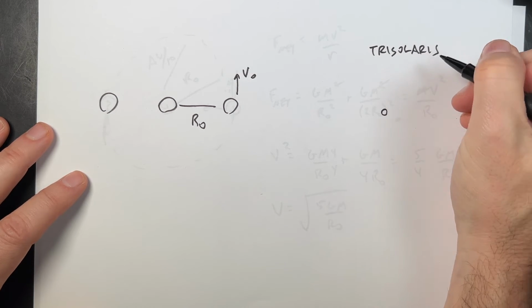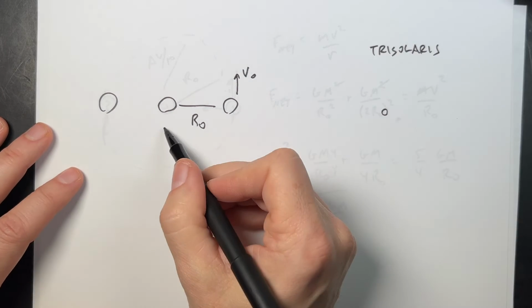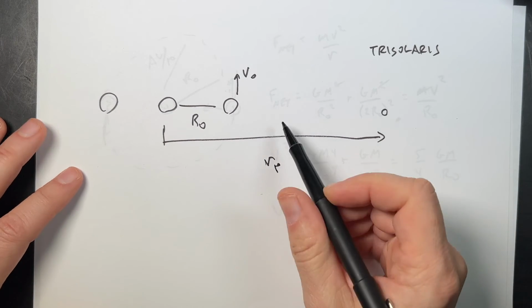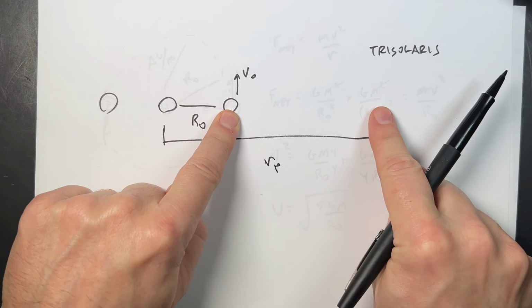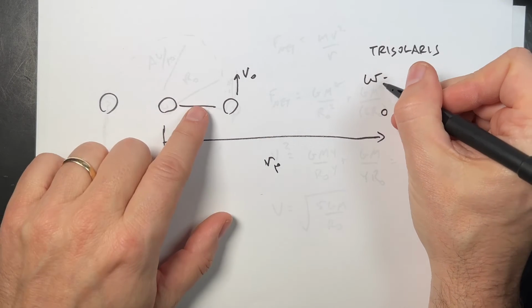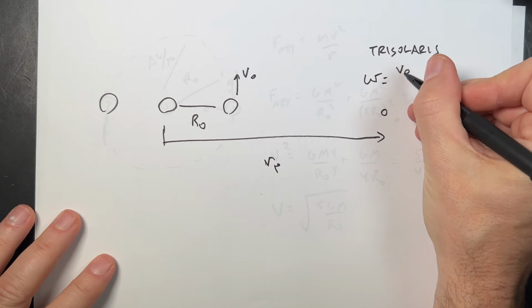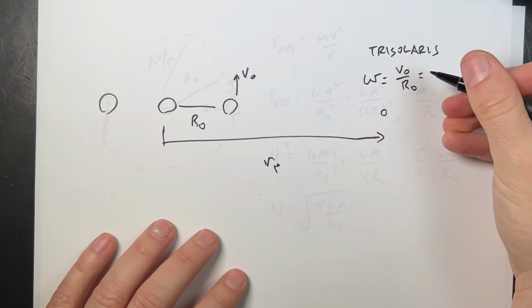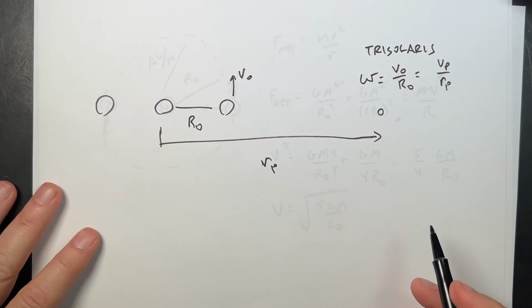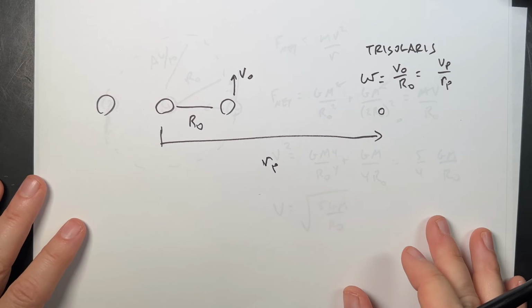That's the name of the planet in the book. And it's going to be a distance RP away. And I want the angular velocity of this and the angular velocity of that to be the same. So omega for this one is going to be V0 over R0, and that's going to be equal to V planet over R planet, right? So I can find V planet, and then I can let it go.